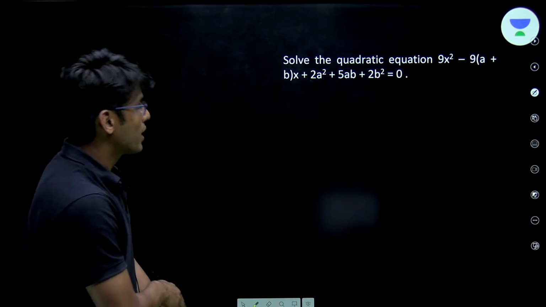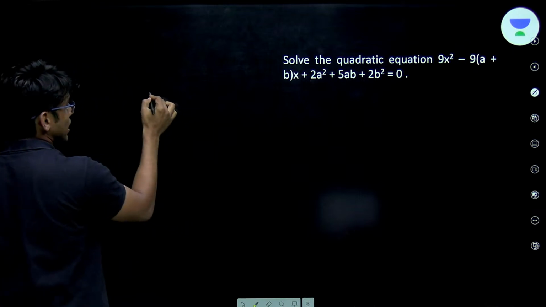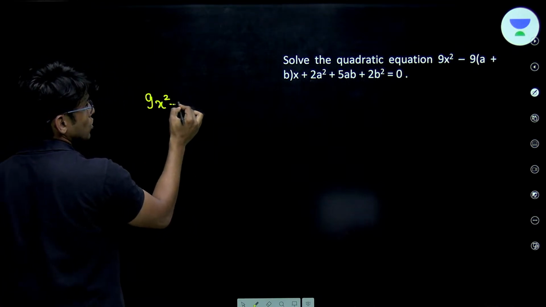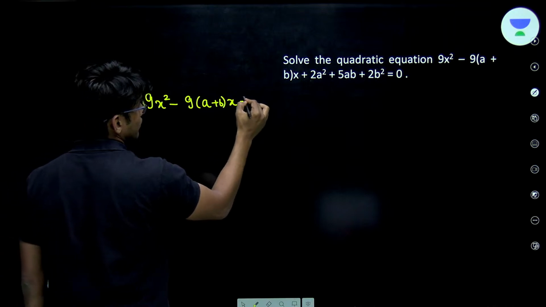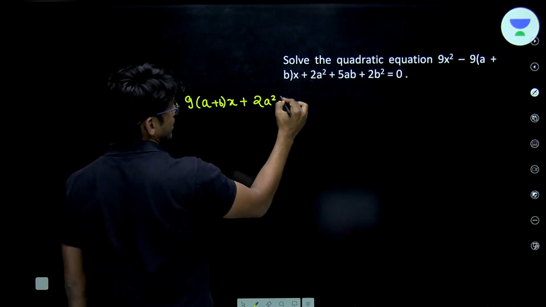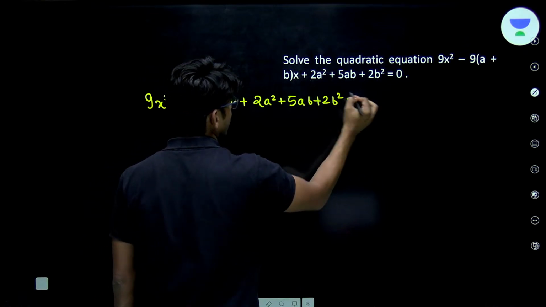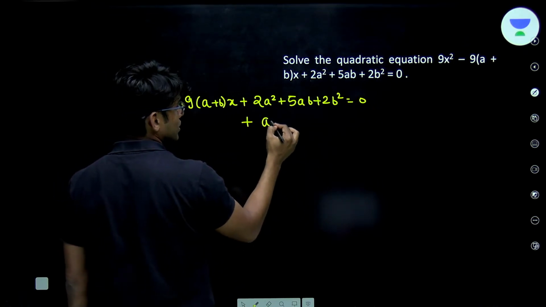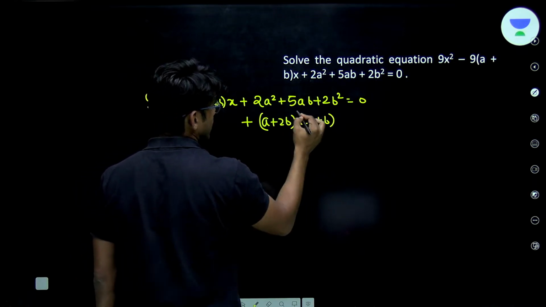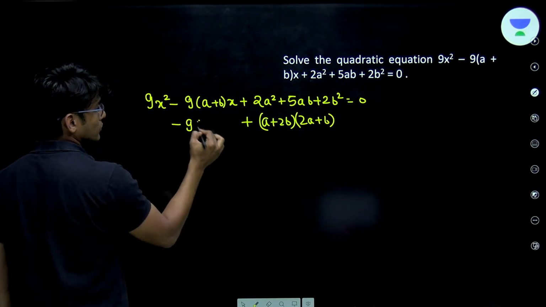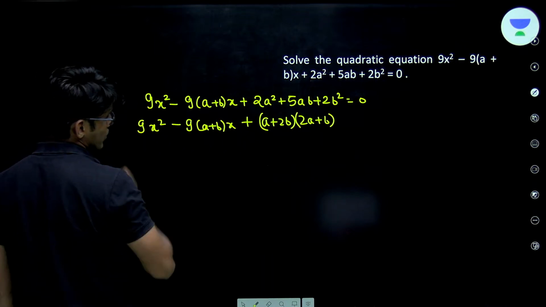Now, the way to look at it is 9x square minus 9 times (a plus b)x. Now, it will be very difficult to solve using the quadratic formula. Quadratic formula will also be very difficult to solve here. But what we can see here is this is (a plus 2b) into (2a plus b), right? This is what I mean when I say you should have understanding of coefficients.